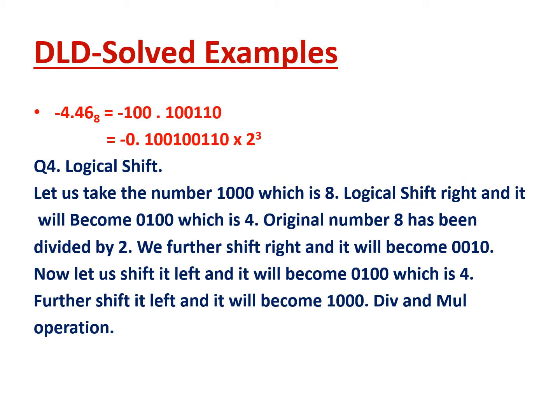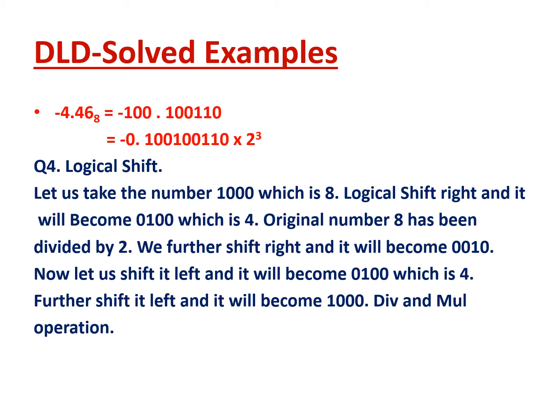So minus 0.1001001110, and multiply by 2 raised to the power 3, because we have shifted the binary point 3 positions to the left. So the left-hand side is the mantissa, the right-hand side is the exponent, and this is the floating point binary representation. Okay.